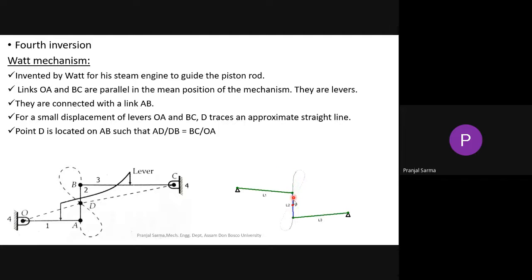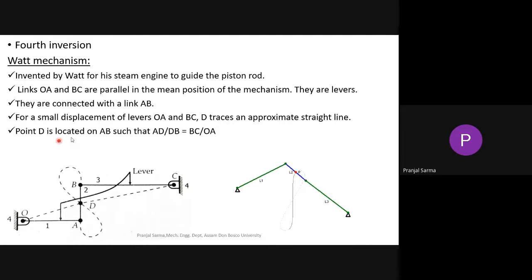Apart from this point P, if you consider some other point, say at the upper portion of this link L2, above P, while moving it is not moving in a straight line. There is so much fluctuation, but this point P is the ideal point for approximating a straight line.